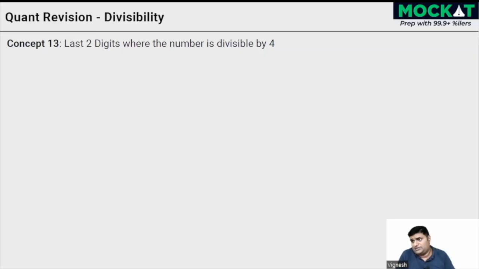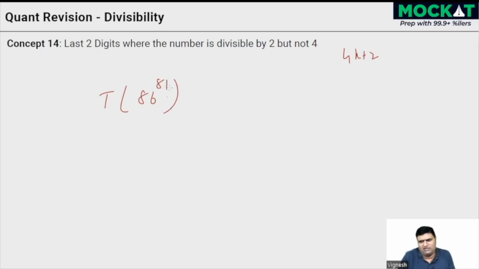What if the number is not divisible by 4 but divisible by 2? That is, the number is in the 4k plus 2 format. What are the last two digits of something like 86 to the power of 81? The power is 40k plus 1 again. Then it becomes the last two digits of 86 plus 50, right?